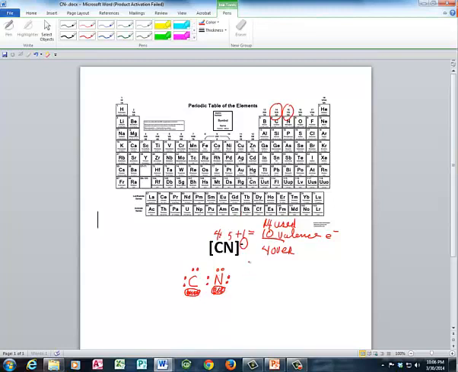We know that they don't exist because cyanide only has 10 valence electrons. So we're removing 4, but we're going to replace the 4 with 2 valence electrons between the carbon and the nitrogen. So we've now added 2 more bonding electrons, but we've still got 2, 4, 6, 8, 10, 12.